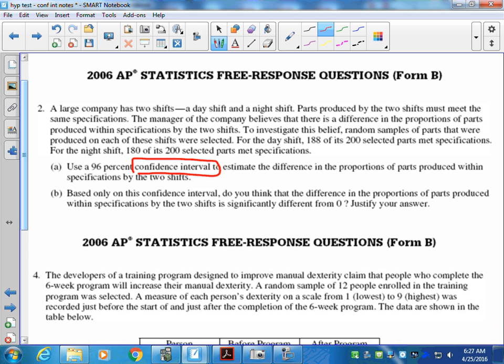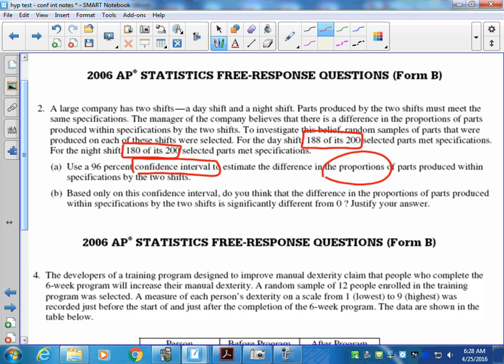Now, in this confidence interval problem, we can see that we're given fractional values. 188 of 200, 180 of 200. So that's really telling you, and also look at the question itself. The question is telling you that it's a proportional problem.